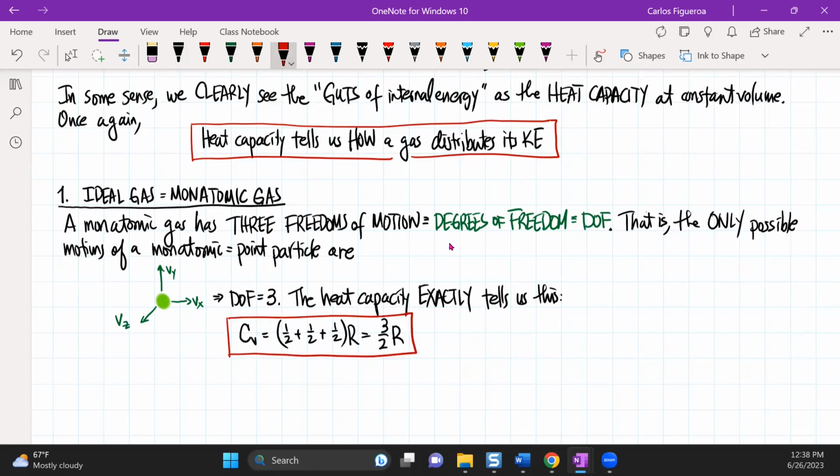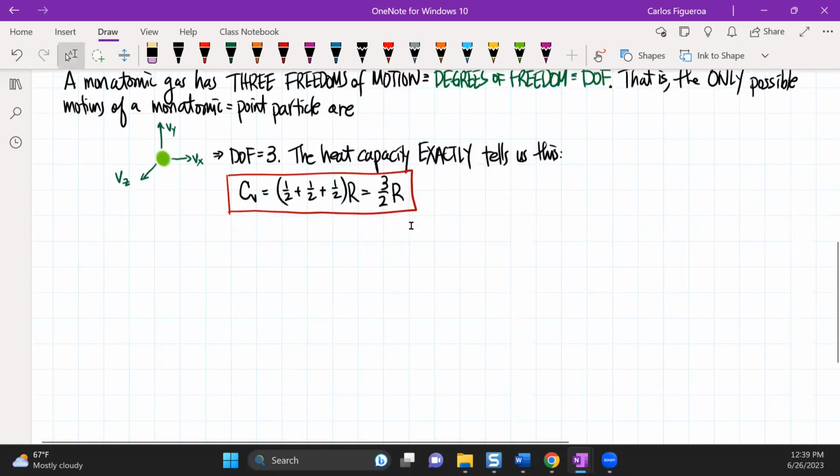This is not new. So once again, the heat capacity at constant volume tells us how the internal energy distributes the kinetic energy.